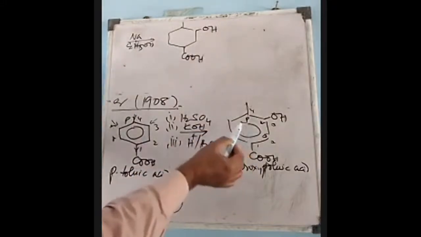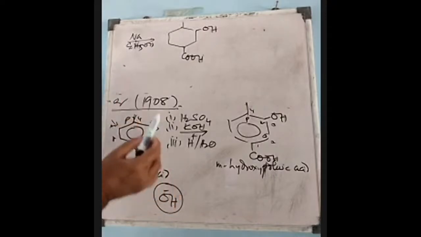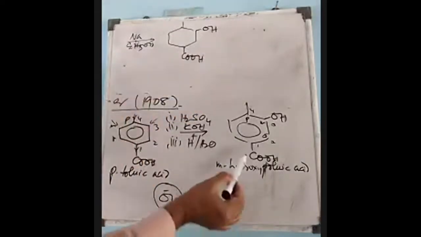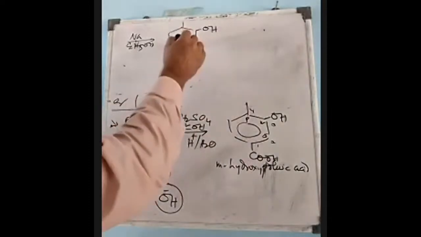Or, as 3 double bonds are reduced, hexahydro paratoluic acid. So these are possible names. Either we say meta-hydroxy perhydrotoluic acid, or meta-hydroxy hexahydro paratoluic acid.